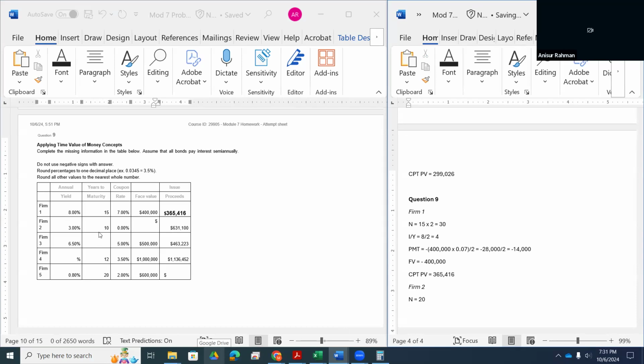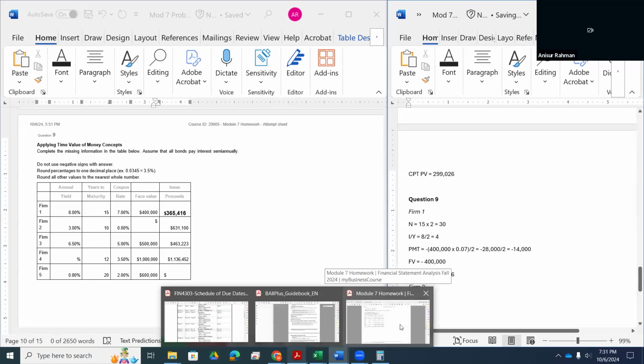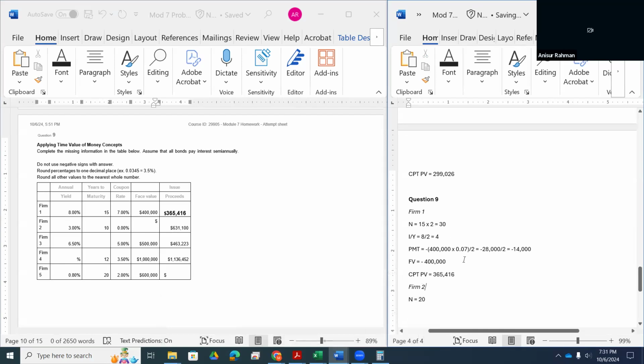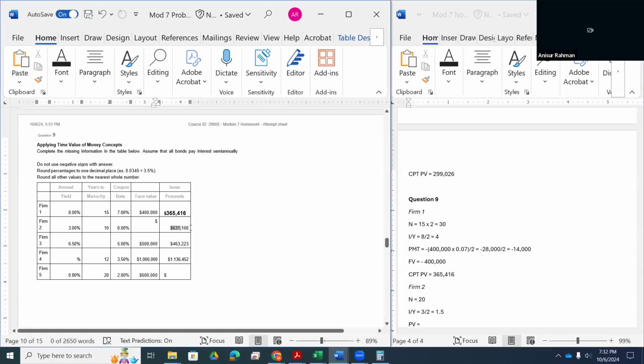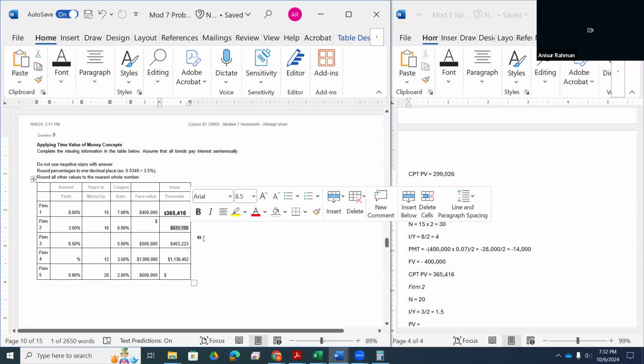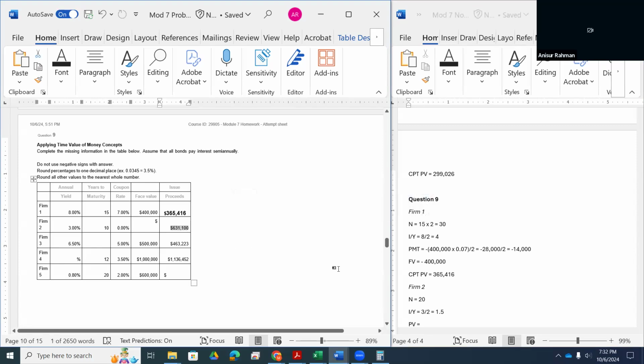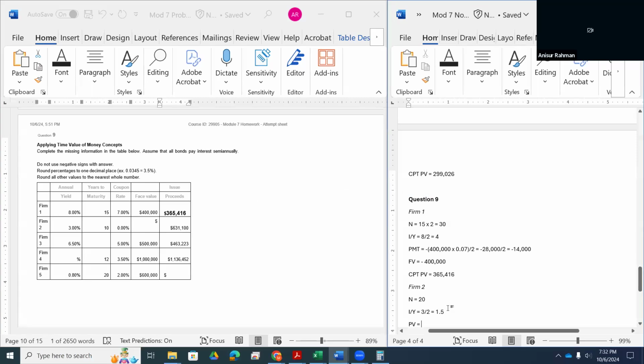So 10 times 2, 20. Our I over Y is equal to 3%, 3 divided by 2, which is 1.5. And then our present value is equal to how much the company got by selling the bond, 631,100.